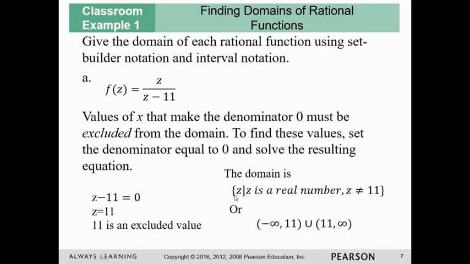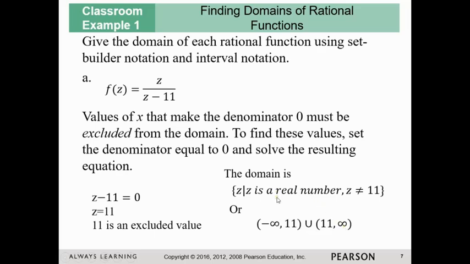Again, we have a set using the brackets around it. The way this is explained is: the set of all z's bar, where z is a real number, z not equal to 11. So in interval notation, you put negative infinity to the excluded value, union, the excluded value to infinity.